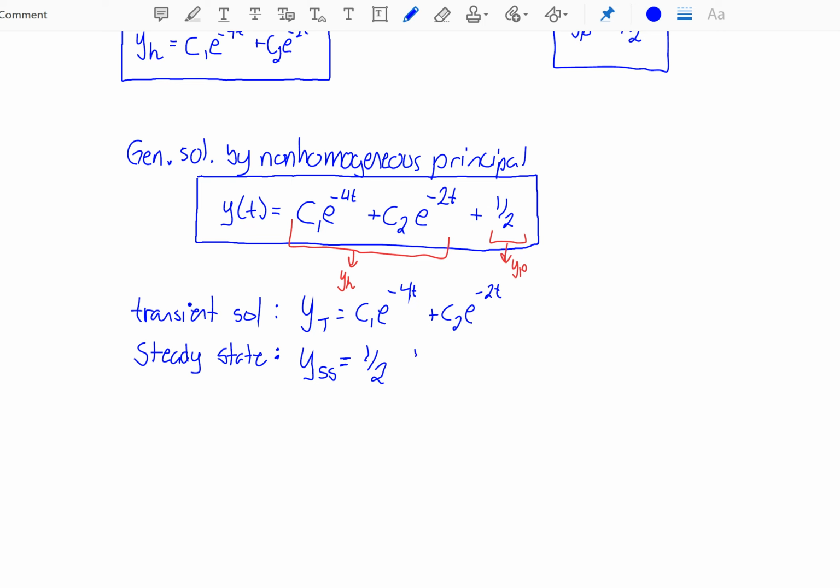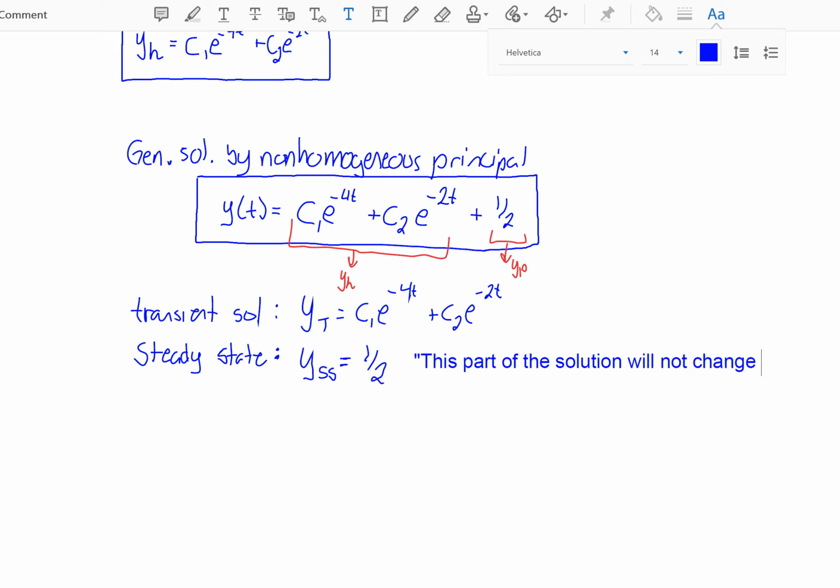This part of the solution will not change regardless if we change the initial conditions. So your steady state solution does not depend on any of your initial conditions.